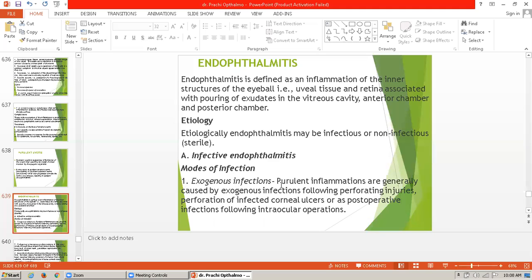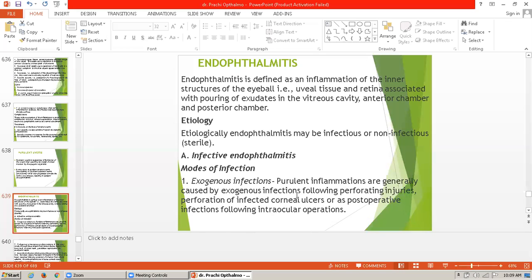Purulent inflammation is generally caused by exogenous infection. It occurs following a perforating injury, perforation of an infected corneal ulcer, or as post-operative infection following intraocular operation.